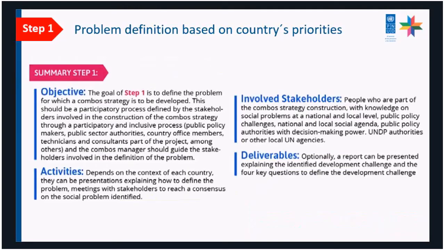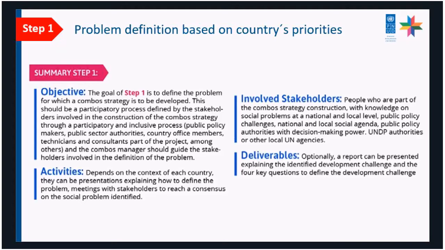So, which is the summary of step 1. You also have this information in the contents of unit 3, but what we want to do is to be able to, through a participatory process, create and define which is the problem that we want to tackle and is going to be the center of our combo strategy.